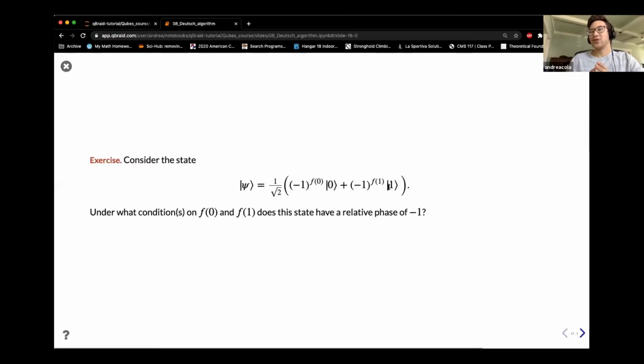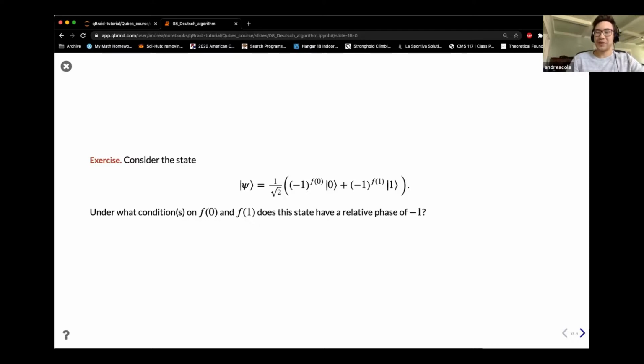Under what conditions on f of 0 and f of 1 will this state have a relative phase of minus 1? Meaning, under what conditions will the amplitude of, say, the ket 1 be minus 1 times the amplitude of ket 0?